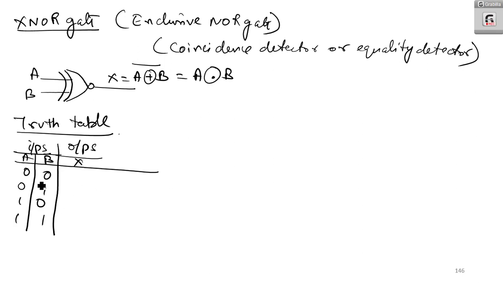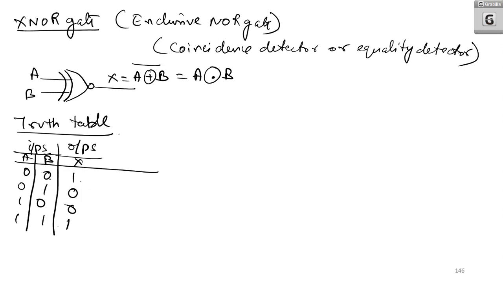Here, if both inputs are 0, the output is 1, whereas if both inputs are 1, the output is also 1. So this is the exact inverse, the exact complement operation of the XOR gate.